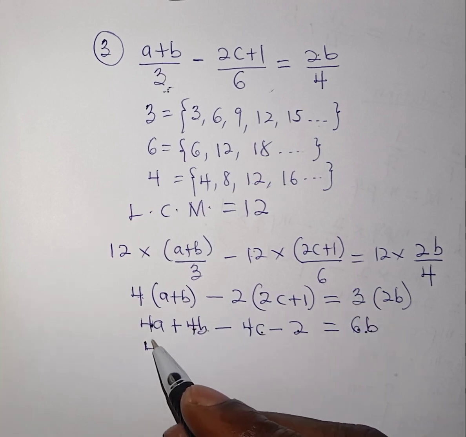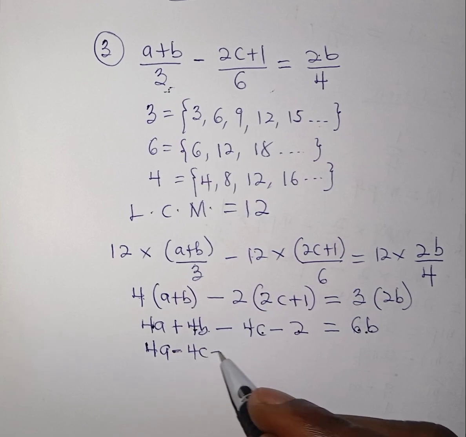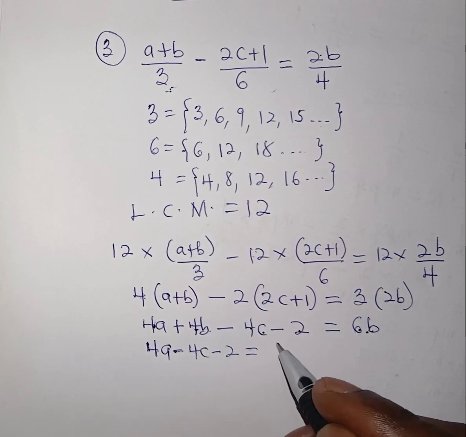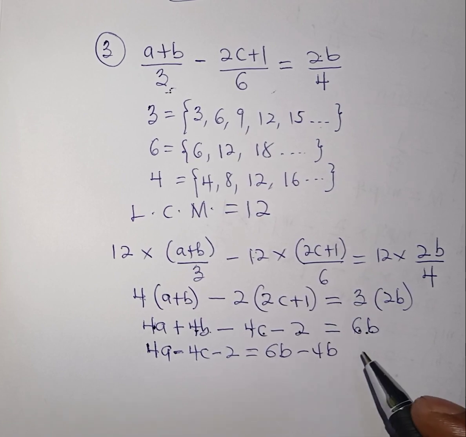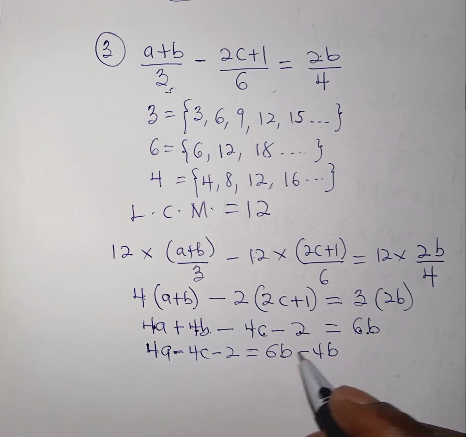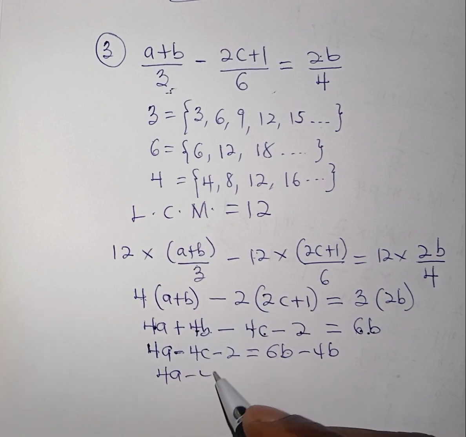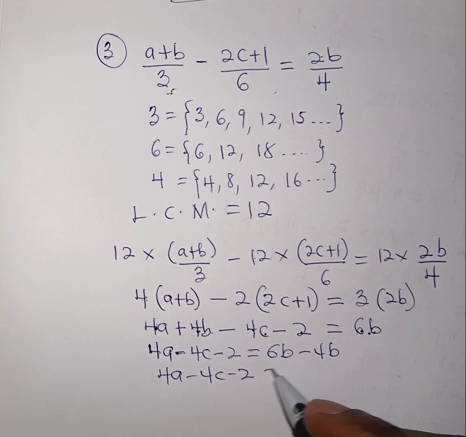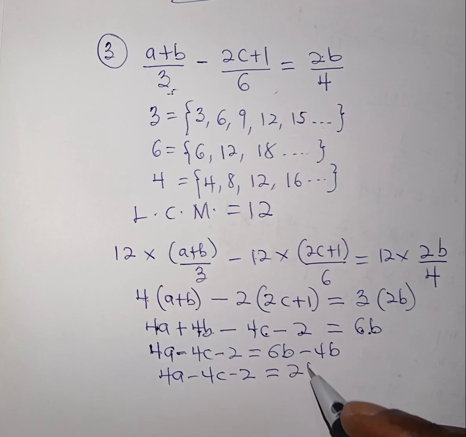So I'm going to have 4a minus 4c minus 2 is equal to 6b minus 4b. Okay, great. So once we have this and that are alike, I can still maintain this. Minus 2 is equal to 6b minus 4b gives us what, 2b.